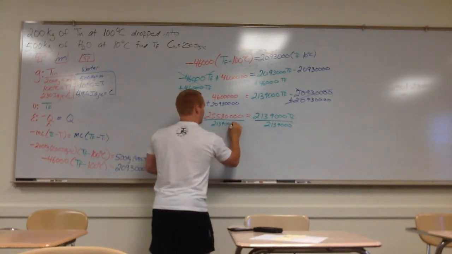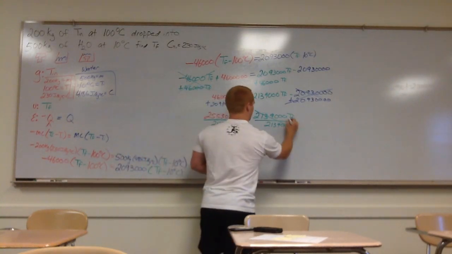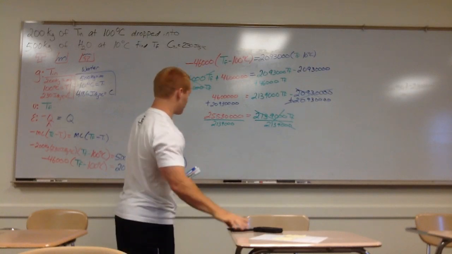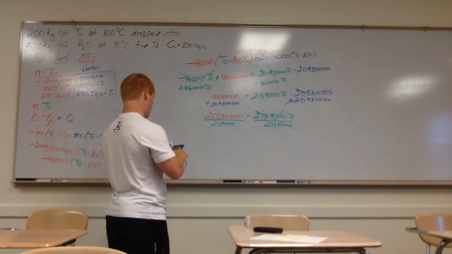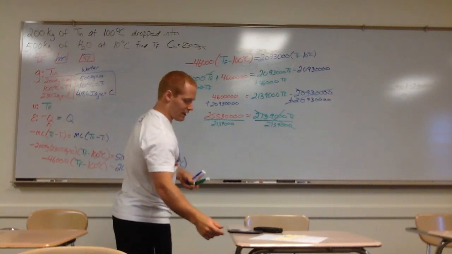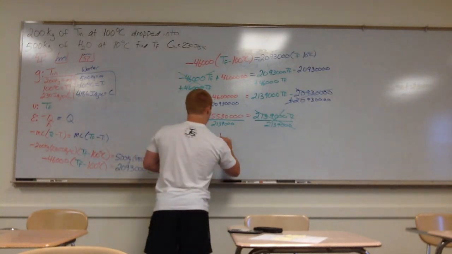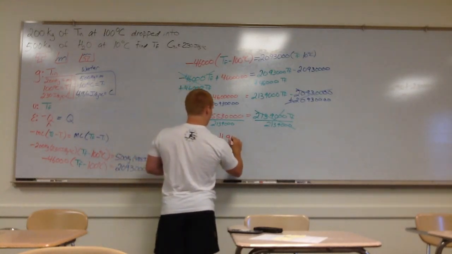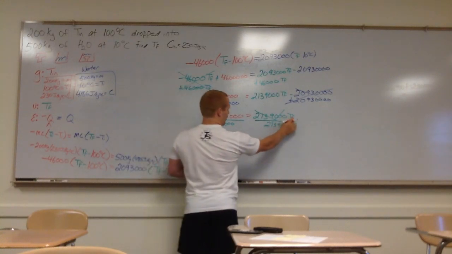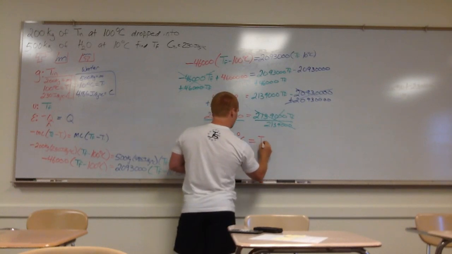Notice it does not tell us what units it is in, but if you just look at the problem, we'll figure it out. So this cancels out. You should get 11.94. And since it's talking about final temperature, in degrees Celsius, this is going to equal TF.